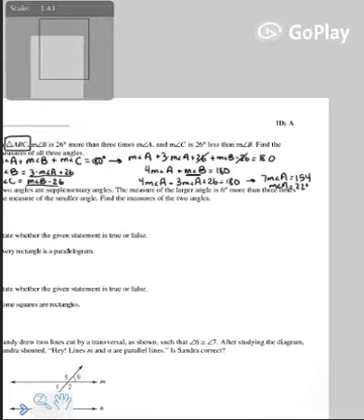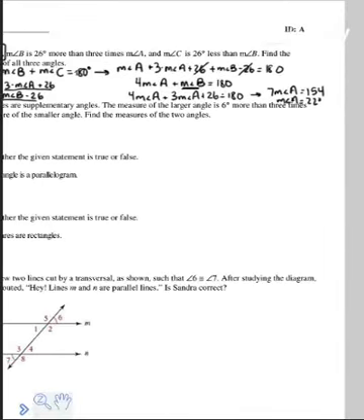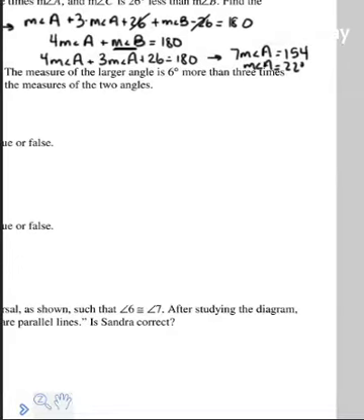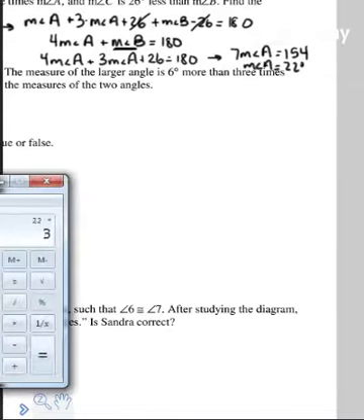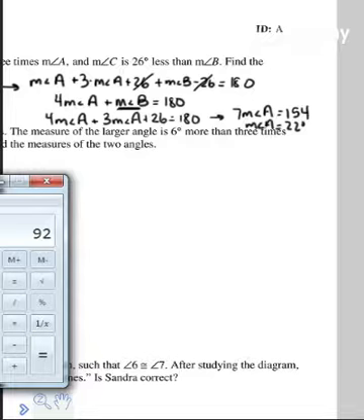It says the measure of angle B is 26 more than 3 times that. So we take 22, multiply it by 3, we get 66. If we take 26 more than that, we get 92. So measure of angle B is 92. Let me write this up here.